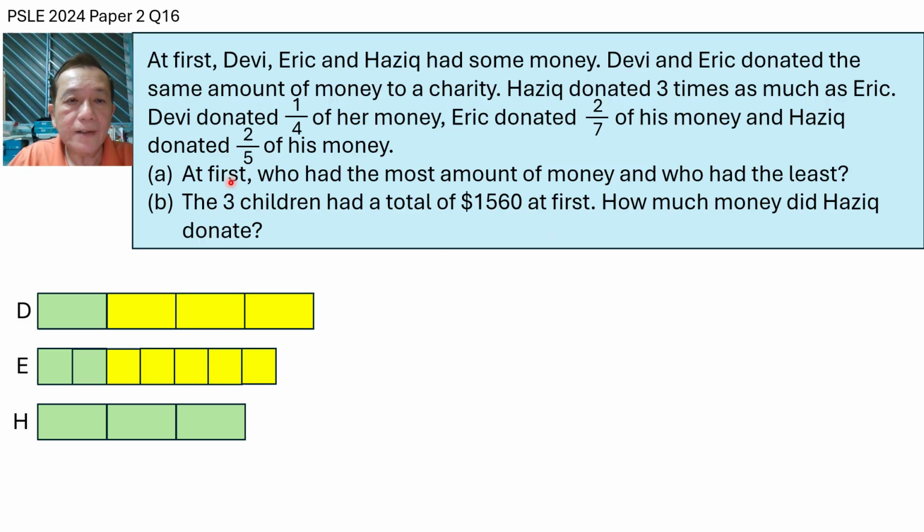Haziq donated 2/5 of his money. 2/5. But there are 3 here. Look at Eric. Subdivide. And we can count in this way. 1/5, 2/5. So there are 3 more.